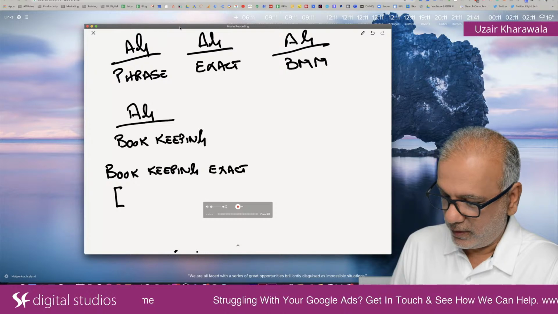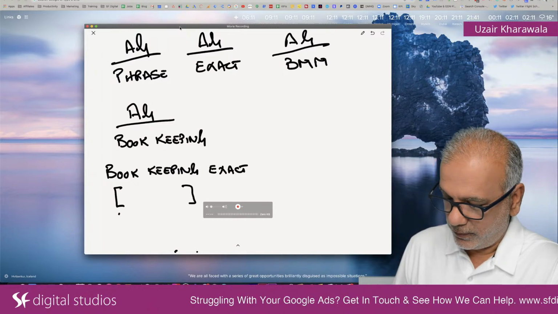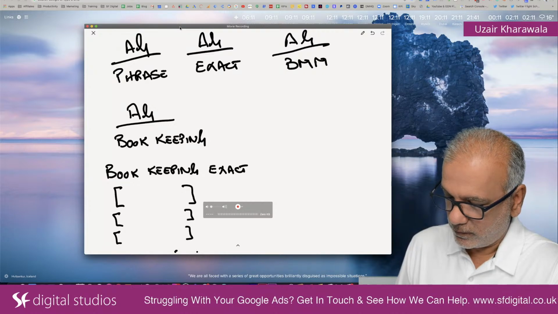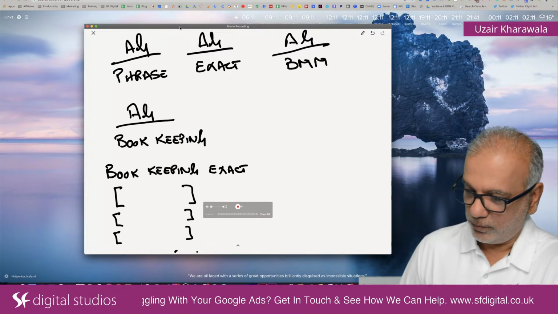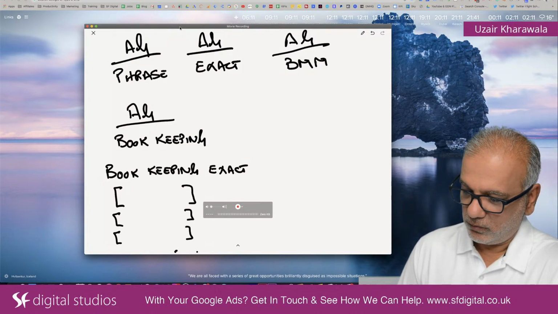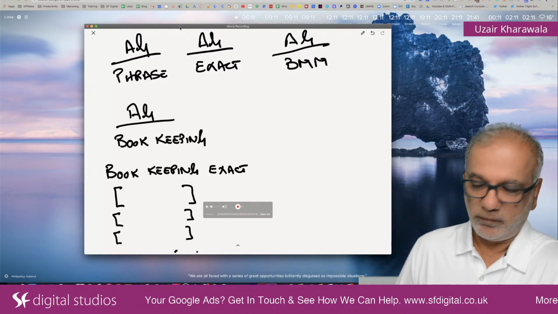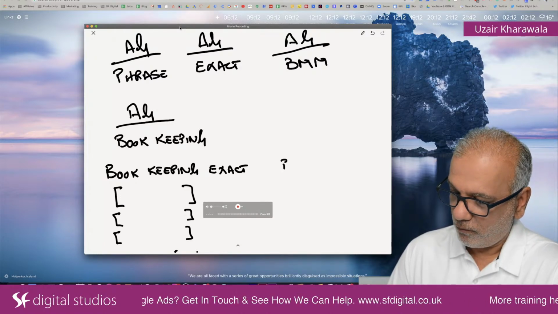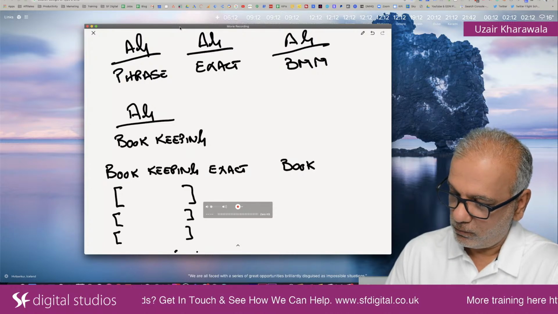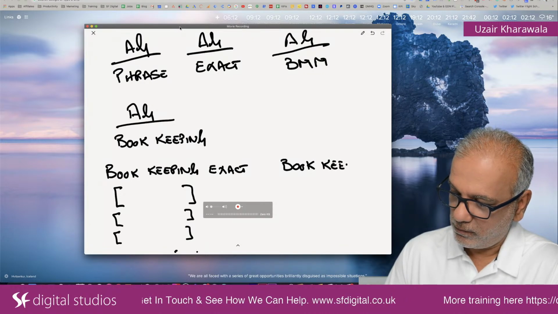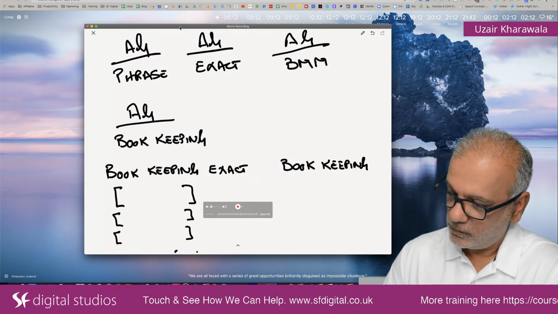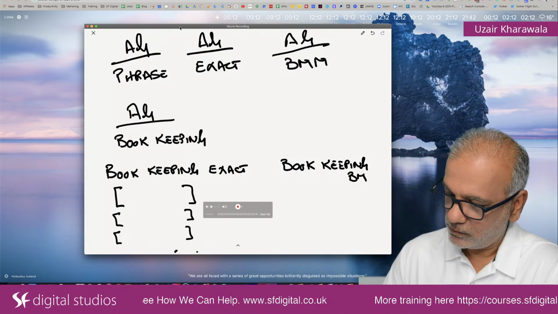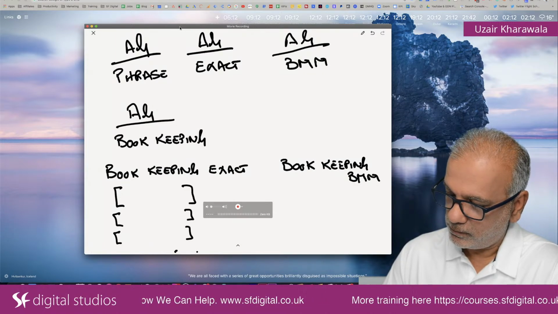So we may have multiple keywords in this ad group with the word bookkeeping in it. Then we will have another one which will be bookkeeping BMM.